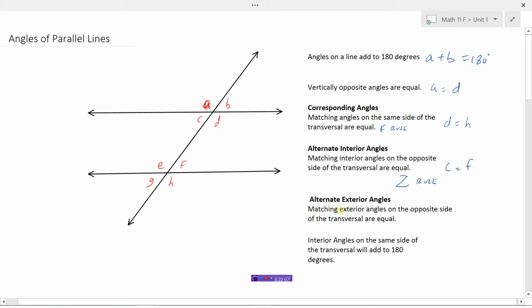So those are the matching exterior angles on opposite sides of the transversal. So one example of that is A equals H. And finally, we saw that interior angles on the same side of the transversal would have to add to 180 degrees. So D plus F equals 180 degrees. So those are some of the properties of the angles of parallel lines.